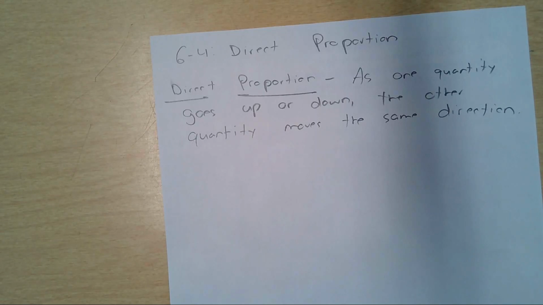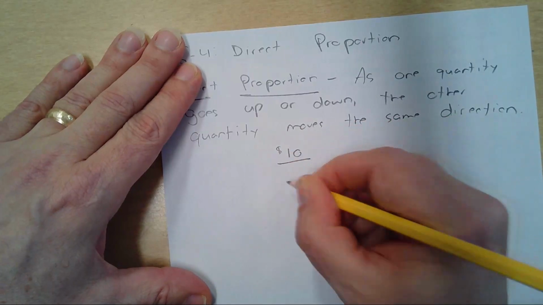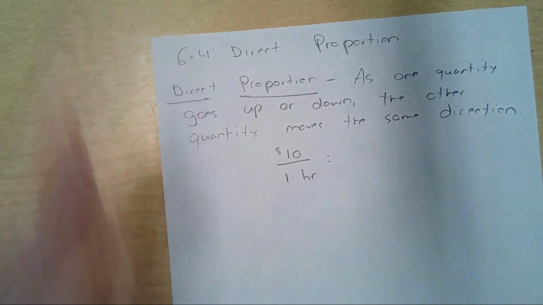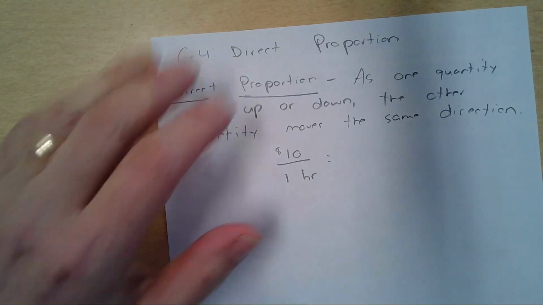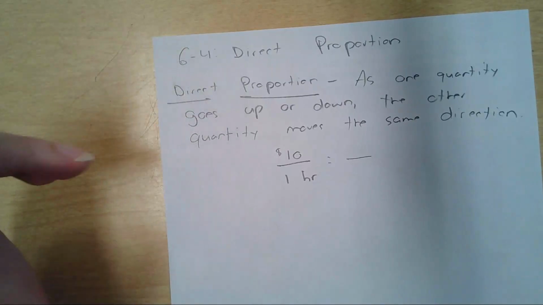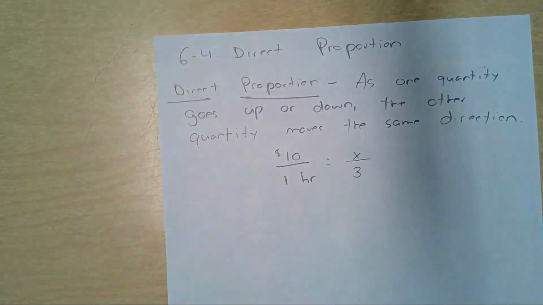Probably the best example I can give you of a direct proportion is if you have a job, and say your job pays you $10 an hour, right? So you get $10 for every 1 hour you work. And if I said, well, what if you work 3 hours? All right, how much money would you make? $30. And if we set it up here with a proportion, everything would look like that.